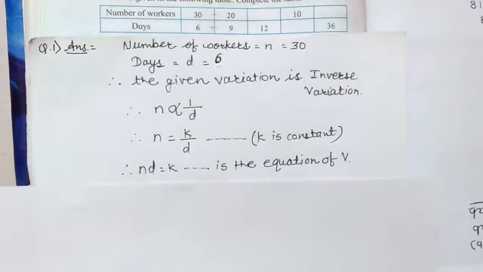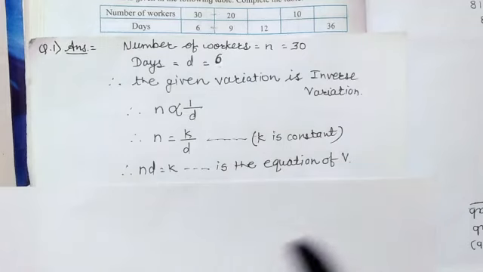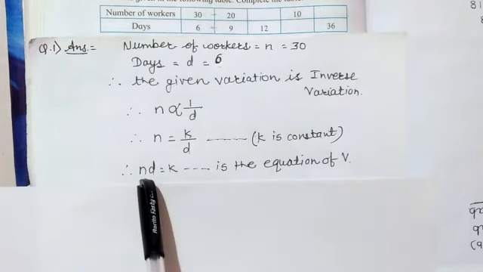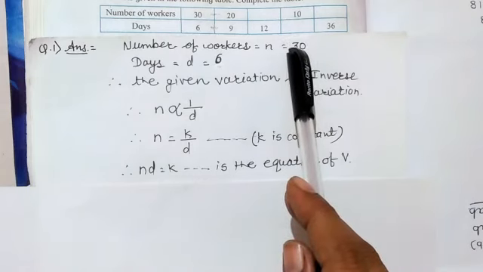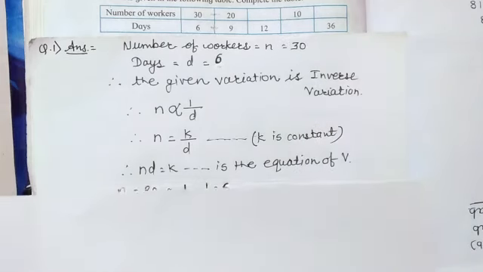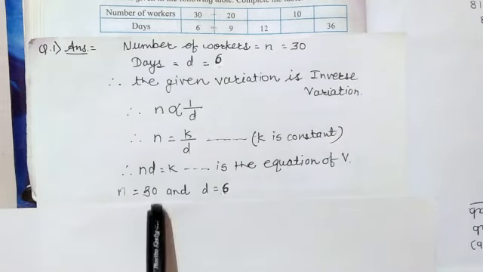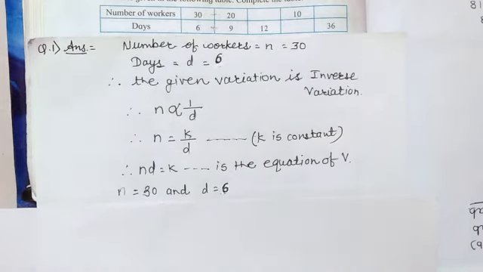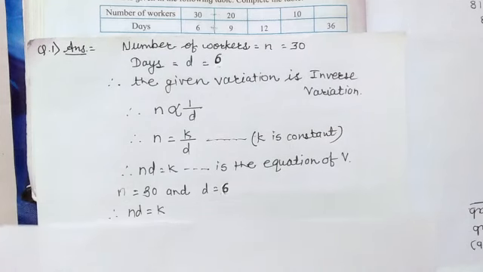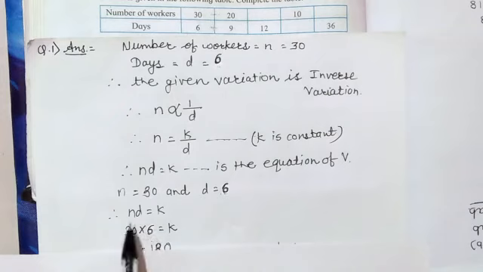Got it, students? Now, students, we are going to substitute n and d with the values which were given earlier. Let's see, n is equal to 30 and d is equal to 6. Let's put these values into the equation, that is 30 into 6. It means n is 30 and 6 is d, equal to k.